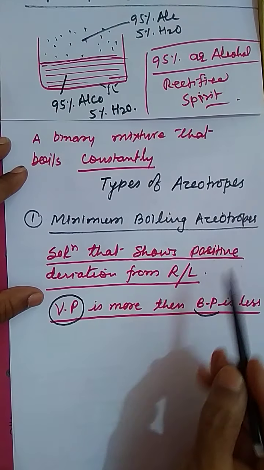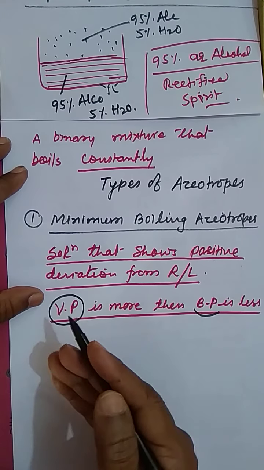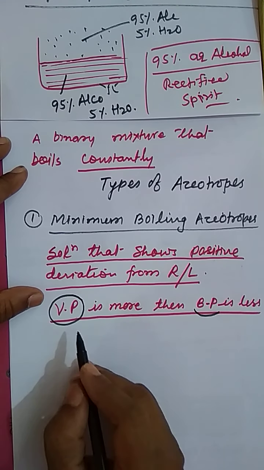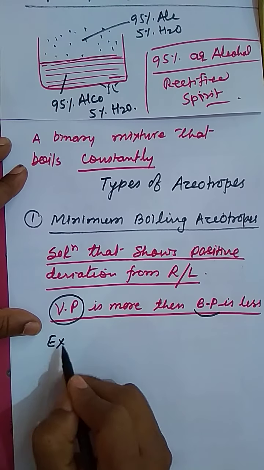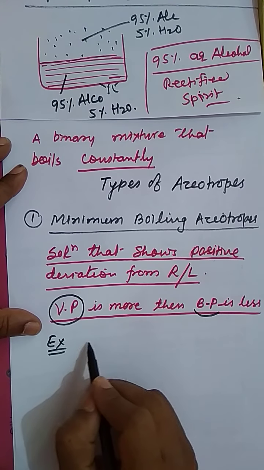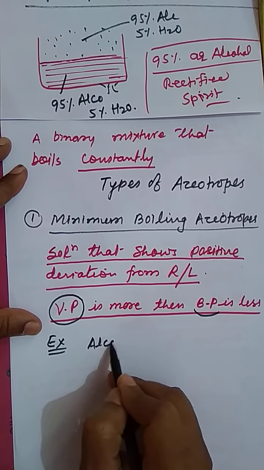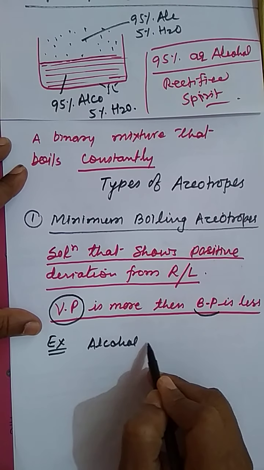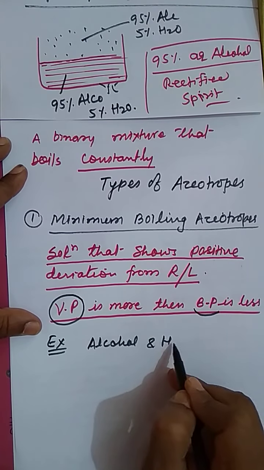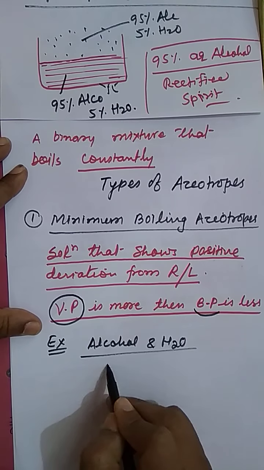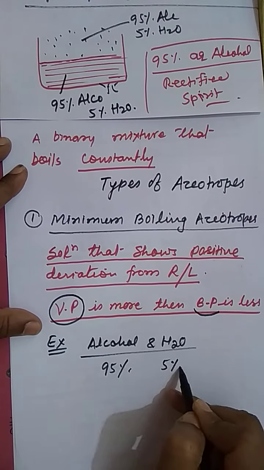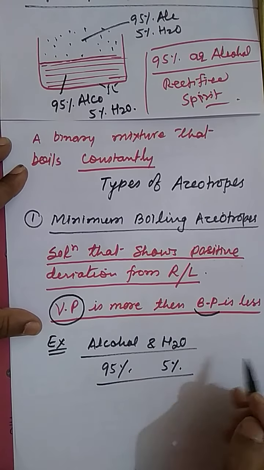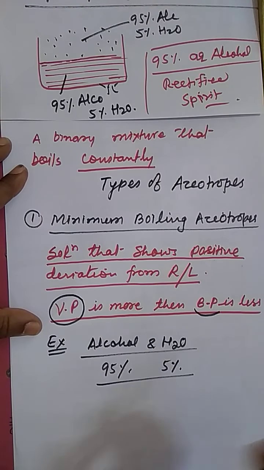So a minimum boiling azeotrope is one that shows positive deviation from Raoult's law. You can put the example of alcohol and water, as I have told you, 95% alcohol and 5% water. This is called rectified spirit.